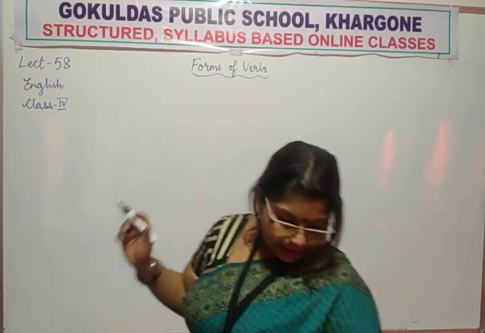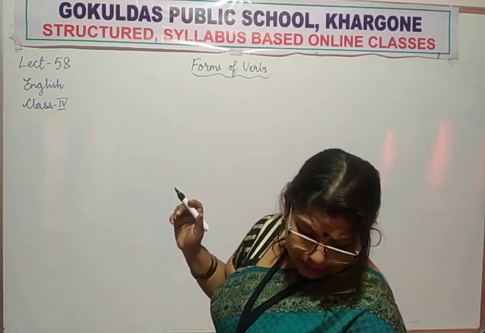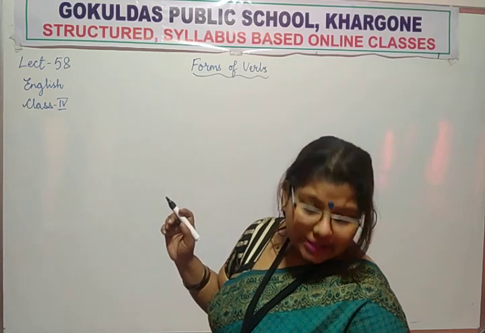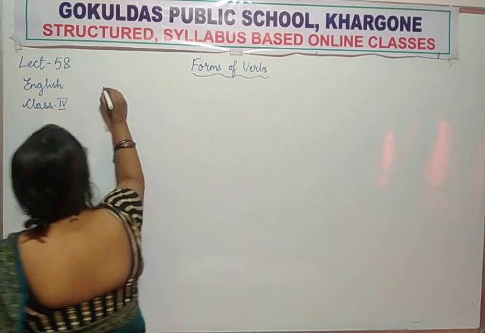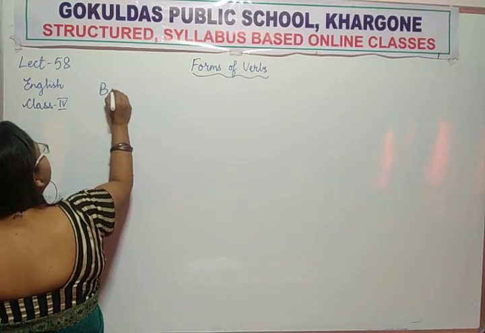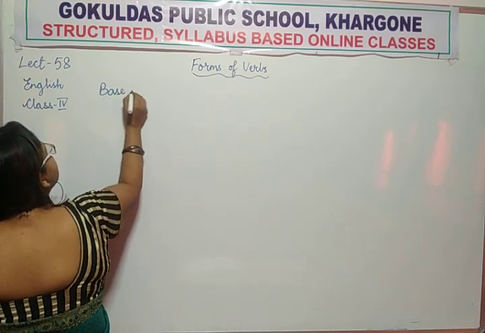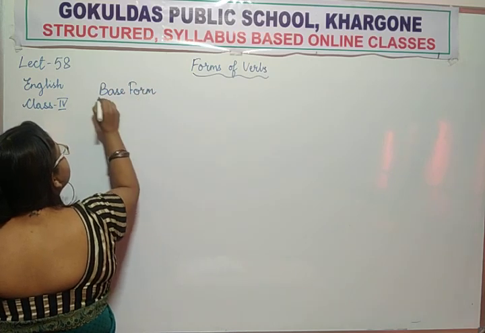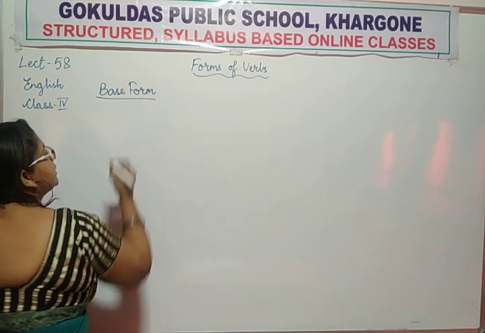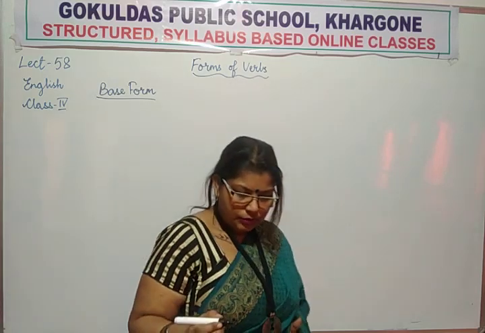There are a few tables here in your book. I'll just explain it to you. First one is the base form. What is the base form? The first word, which is the verb.